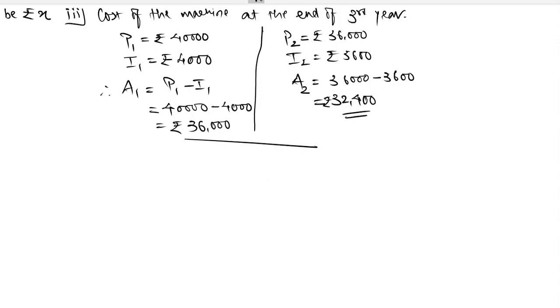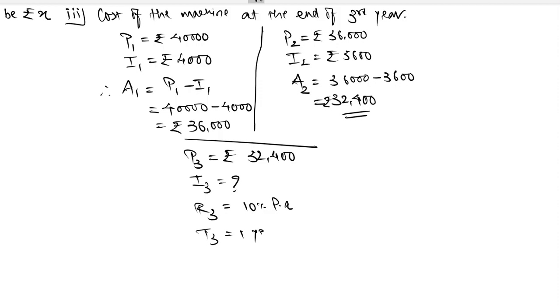Now what will be the cost of machine at the end of third year? Now let's calculate. P3 is equal to rupees 32,400. I3 we have to find. R3 is 10% per annum, that's the rate of depreciation, and T3 is equal to 1 year, and we have to find A3.